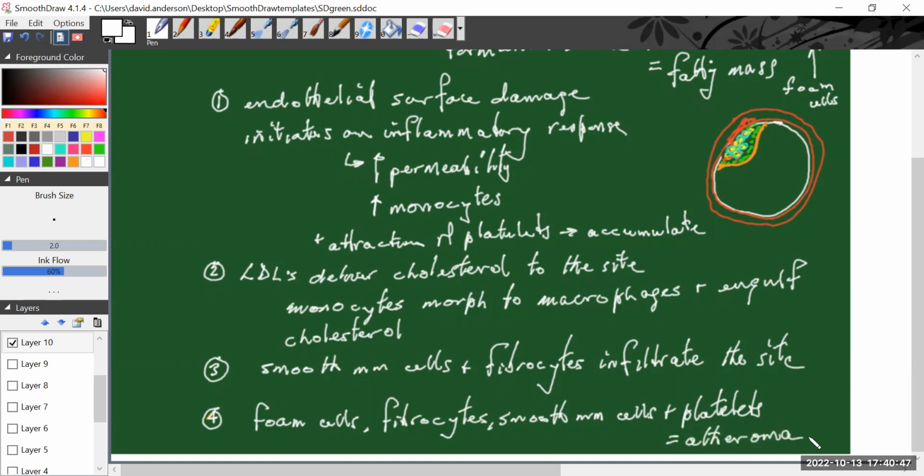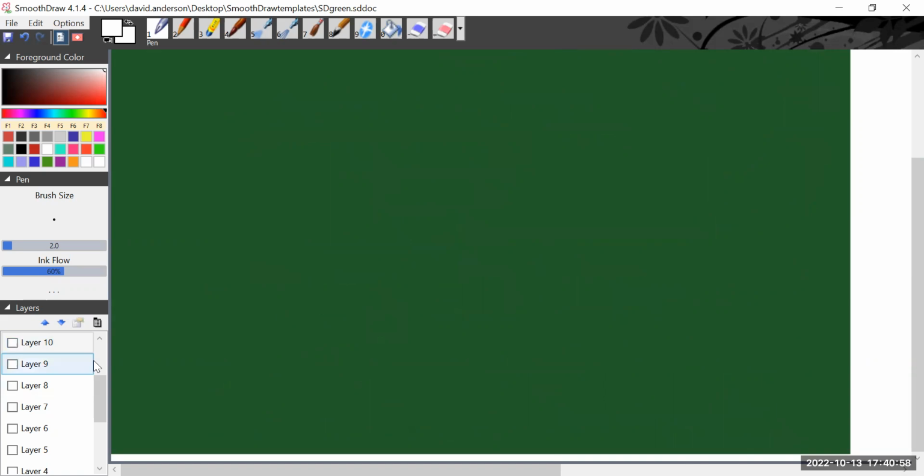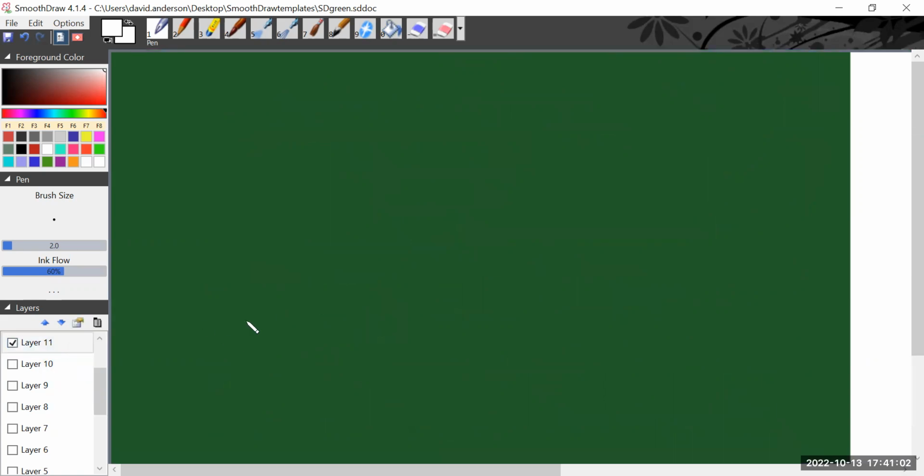So all of 1, 2, and 3 result in the formation of an atheroma, and the atheroma is otherwise known as a plaque. You'll sometimes see the atheroma called a plaque in a more day-to-day type of description.